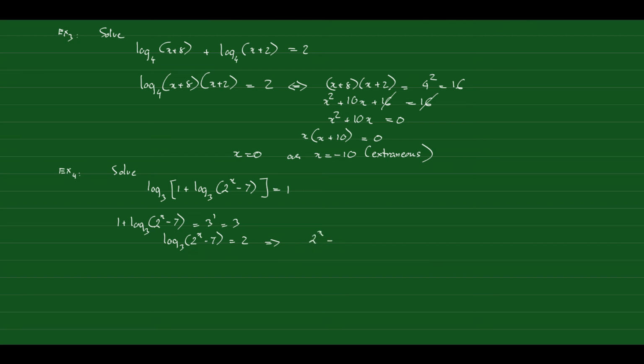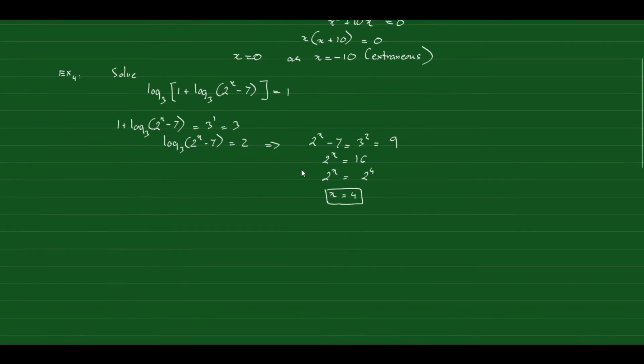So you have 2 to the x minus 7 equal 3 to the second power, which is 9. So you have 2 to the x equal to, adding both sides by 7, 16. 2 to the x equal to 16, I can write as 2 to the 4, and x equal 4 as the final one. There you go. So the difference in this example is that you apply the log principle twice.